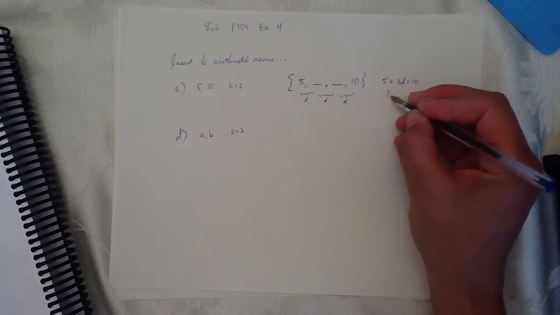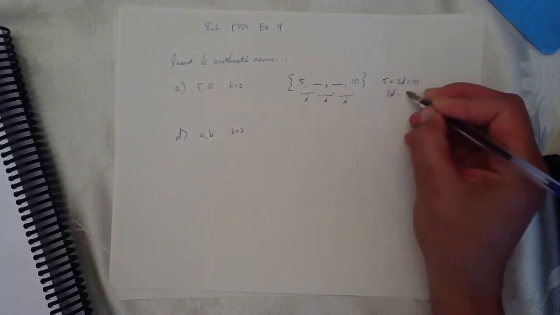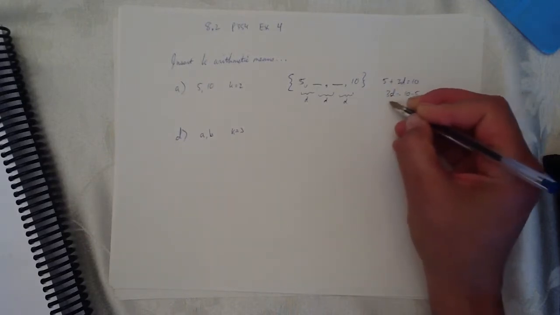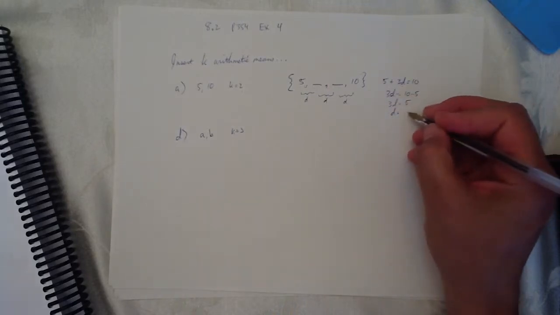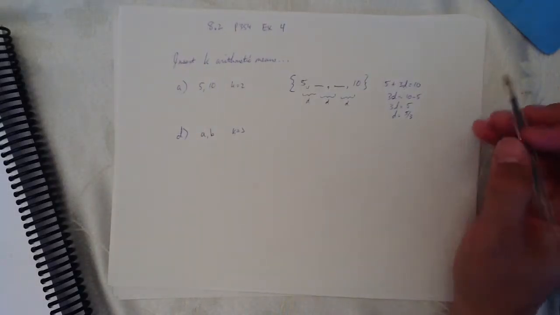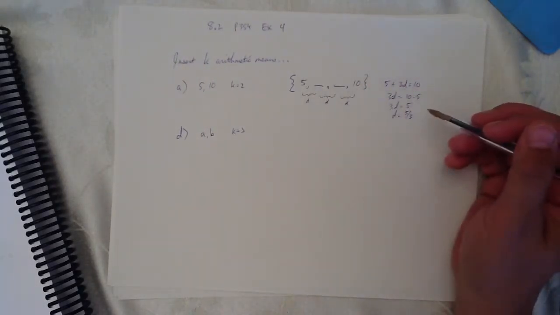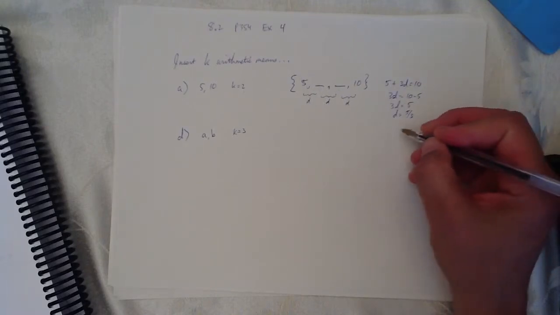Okay, so 3D equals 10 minus 5, 3D equals 5, D equals 5 over 3. So if we add 5 over 3 to 5, we get 6 2/3.